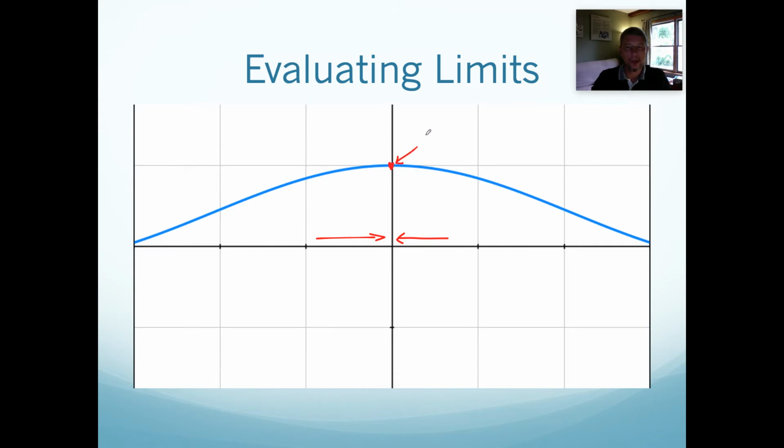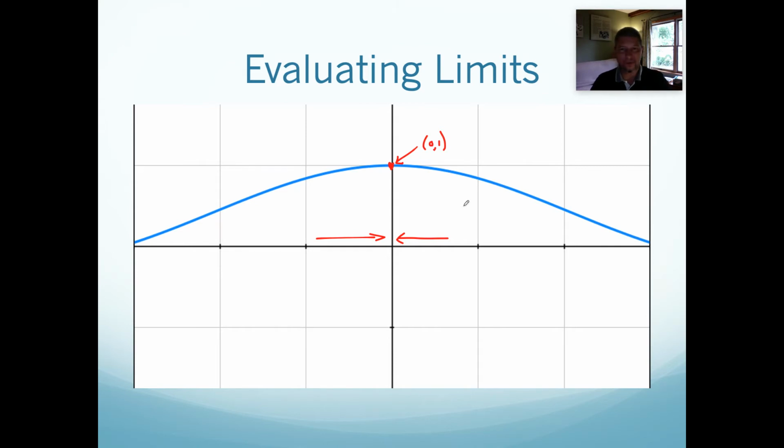So as x approaches 0 from both the left and the right, the negative side and the positive side, the value of y is approaching this point right here. And so this point is obviously 0, 1, all right? And so the limit in this case is 1, okay? As x approaches 0, y approaches 1, okay? All right.